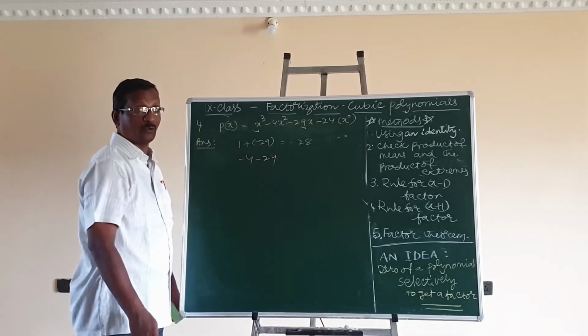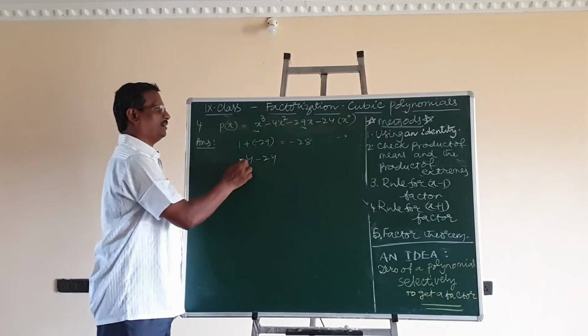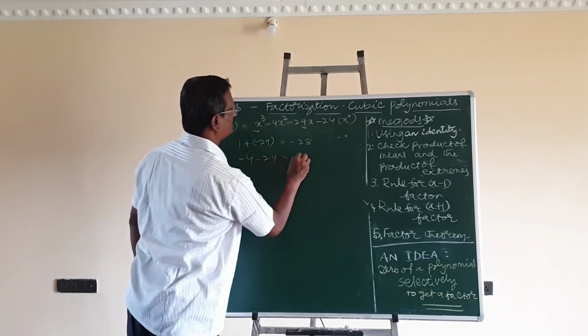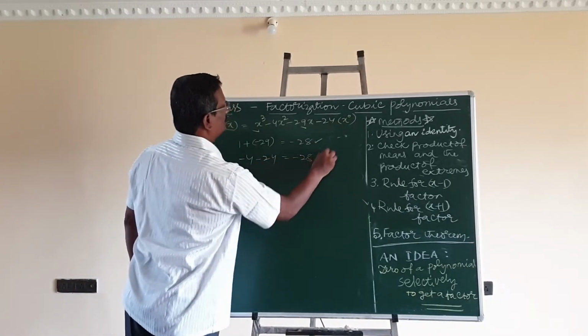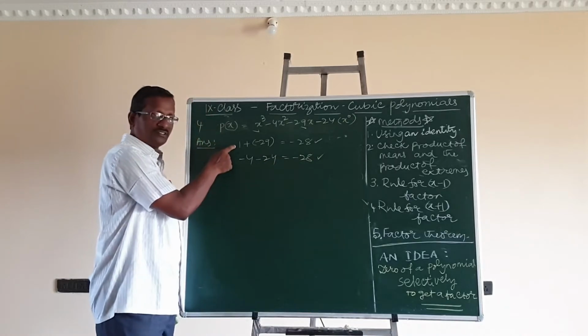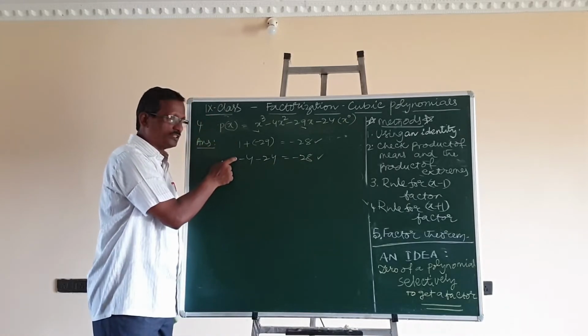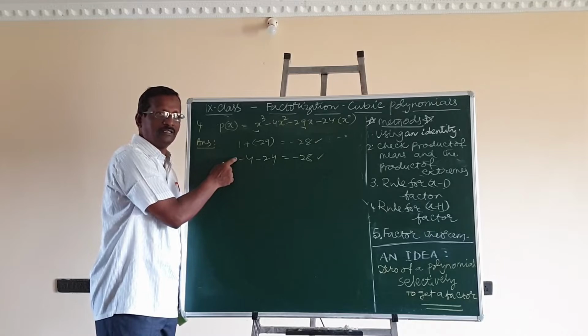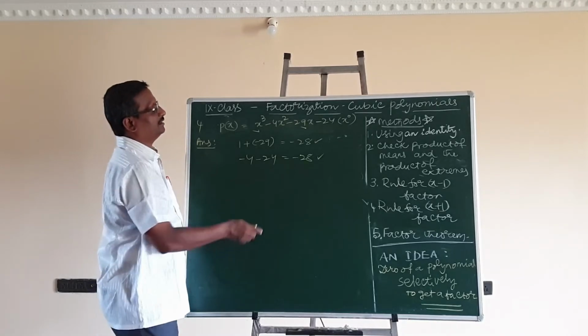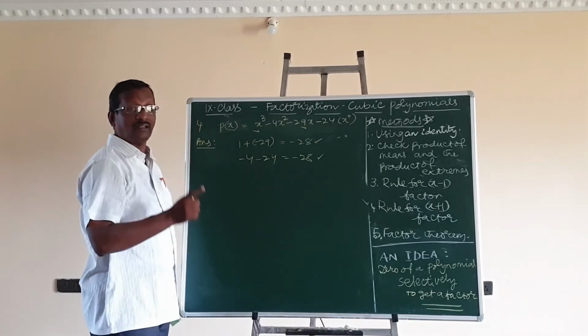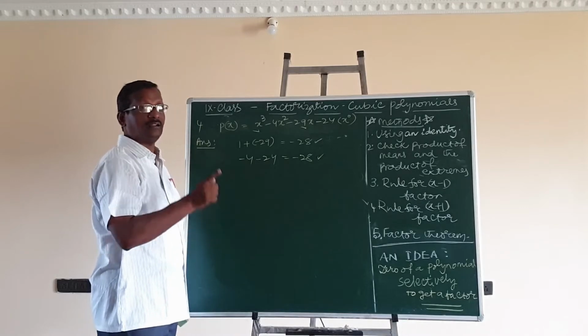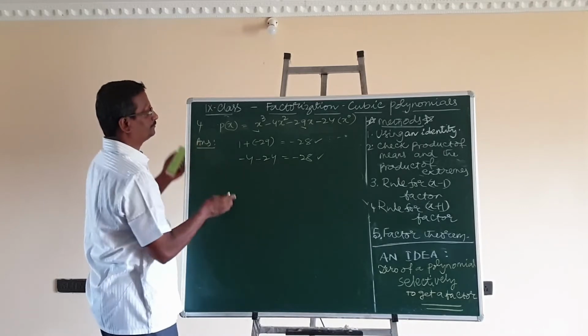The sum of the coefficients of even powers of x is equal to minus 28. Here, the sum of the coefficients of odd powers is equal to the sum of the coefficients of even powers. Therefore, this polynomial has the factor x plus 1.